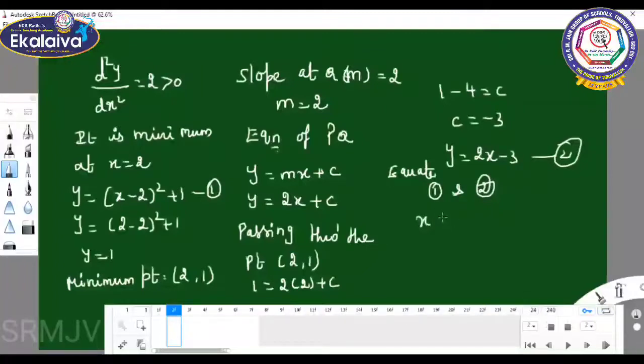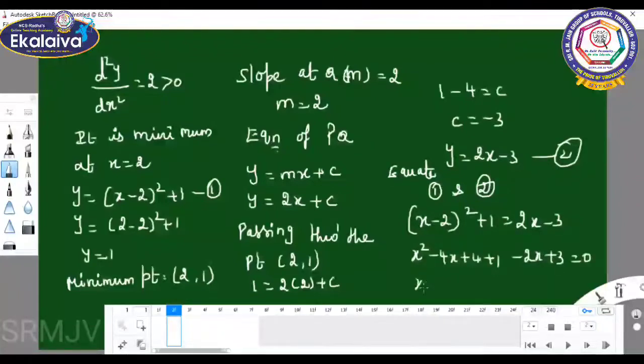So (x minus 2) whole square plus 1 equal to 2x minus 3. So x square minus 4x plus 4 plus 1 minus 2x plus 3 equal to 0. x square minus 6x plus 8 equal to 0.